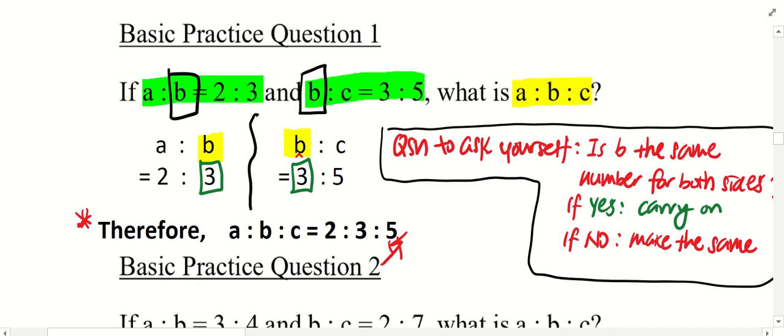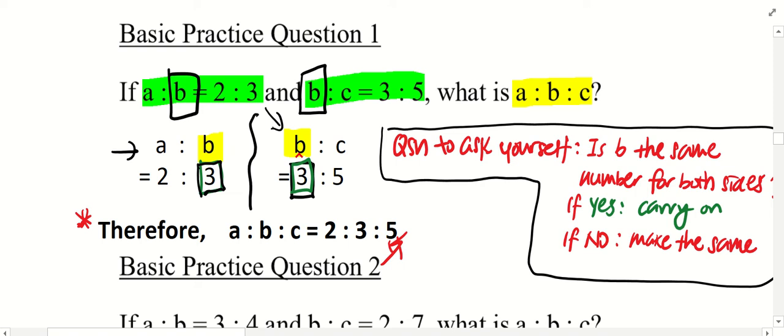So we can try to combine A is to B and B is to C into one ratio, but only if the number for B is the same for both sides. What do I mean by that? Let's look over here. In A is to B, B is expressed in 3 units. And over here on the right hand side, in B is to C, B is also written in 3 units.